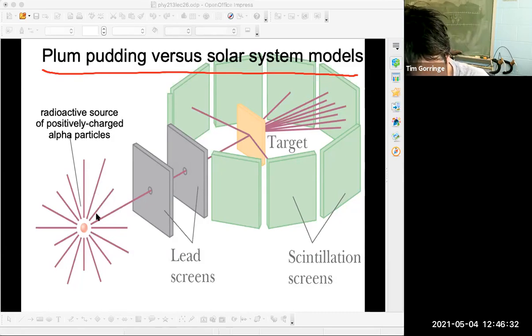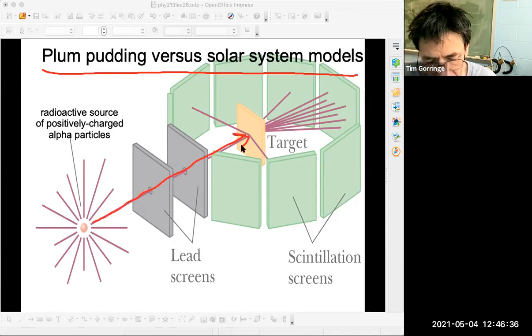And that beam of particles, here it goes, was directed onto a gold foil, a thin gold foil target. So this is gold, this is the target.